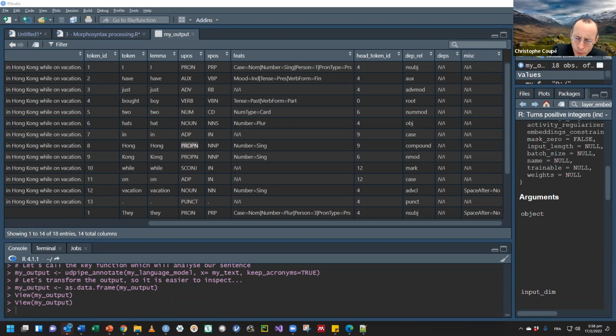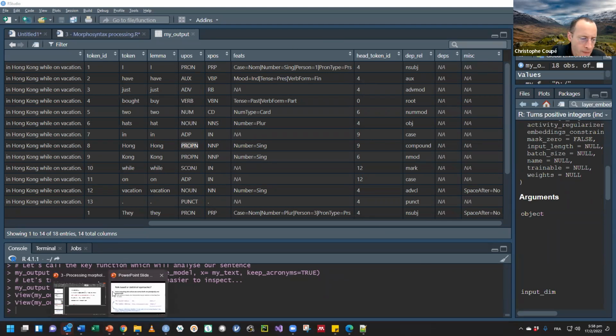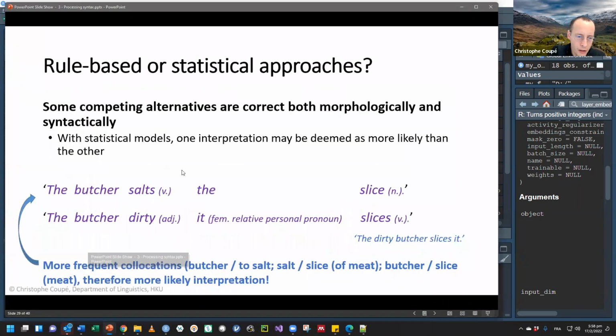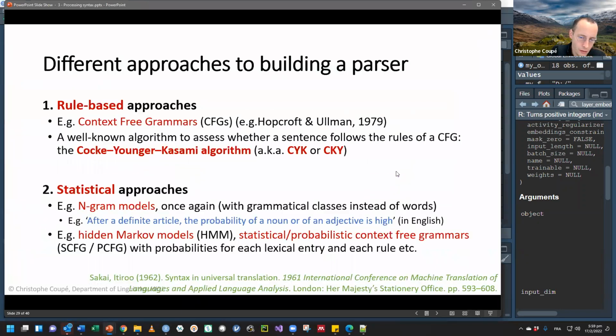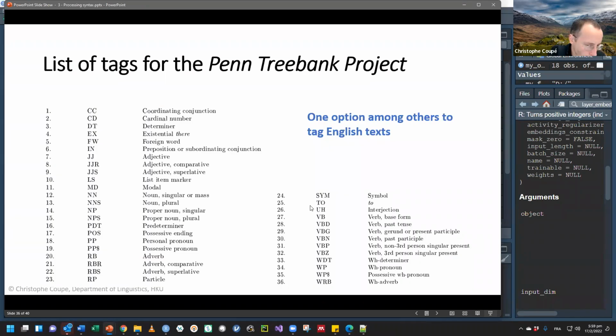UPOS and XPOS are just two systems of grammatical categories. The XPOS, the second one, is the system I showed you here, with these many categories. The other one, the UPOS, is a simpler one, with fewer categories.